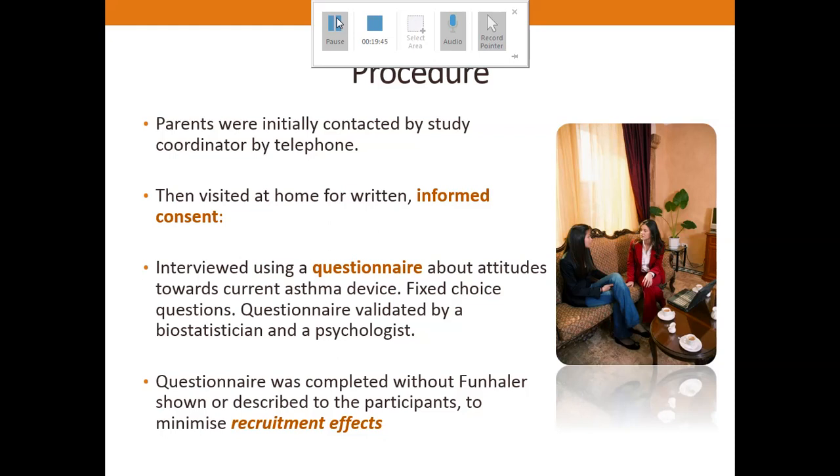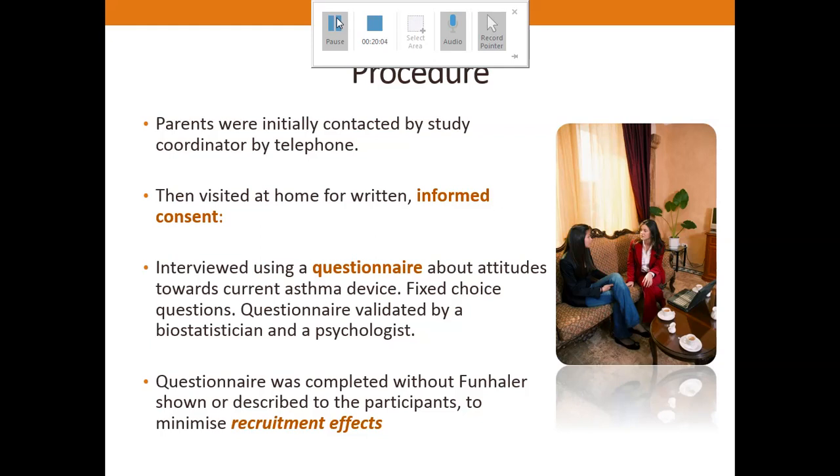They weren't mentioning the Funhaler at this point. The reason that they weren't mentioning the Funhaler at this point was because they didn't want any bias to be present.